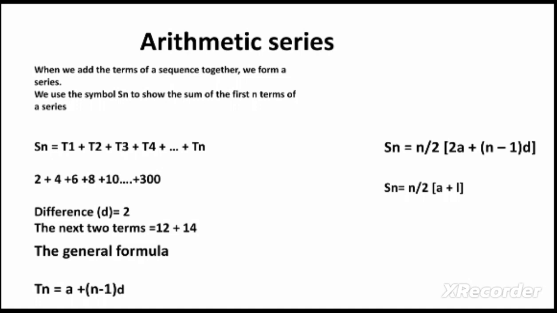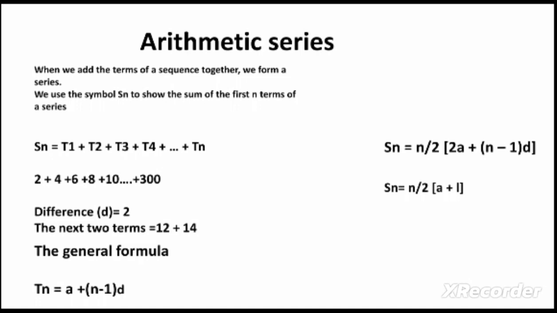So we use the symbol Sn to show the sum of the first n terms of the series, right? They will give you a series like this, and they will ask you the sum of the series. So 2 is the first term, 4 is the second term, 6 the third term, 8 the fourth term, and then 10, the fifth term, and then plus 300, that is the last term.